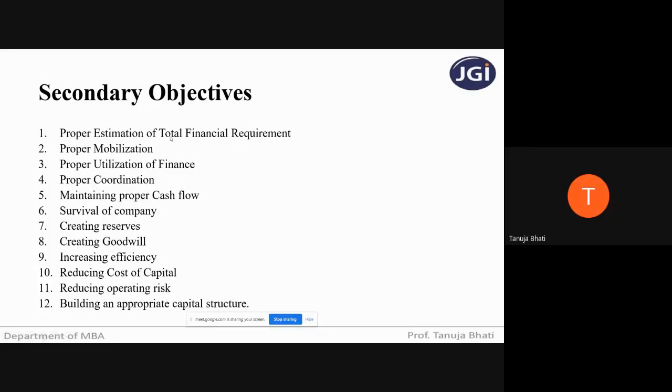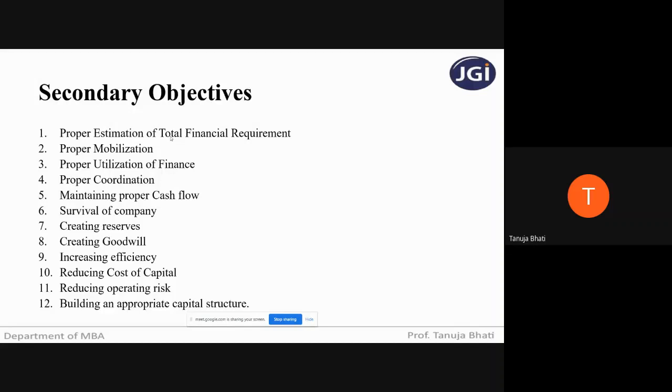Okay, students, once the finance is procured, there are different areas where you have to put your funds. So you have to make sure that the funds are properly mobilized in those particular areas where it is required. Suppose, for example, you have some amount in your wallet, it is just kept in the wallet.